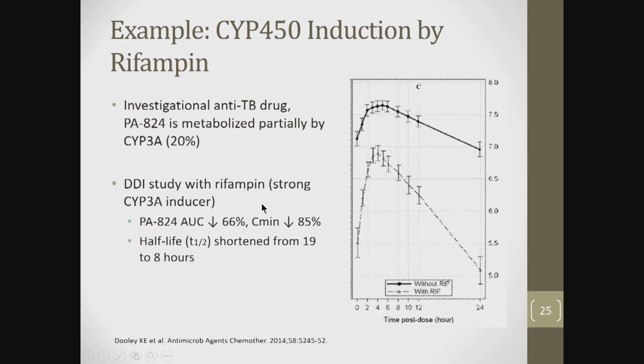Yet when we add Rifampin, we saw a profound decrease in exposure of 66% for the AUC and 85% for the trough, with the half-life shortened from 19 to 8 hours. This, of course, is potentially very clinically significant since Rifampin is another TB drug and might be something that would be paired with this investigational agent.